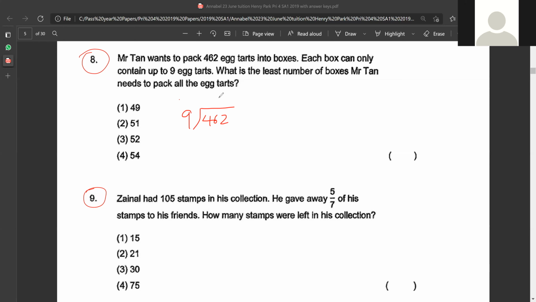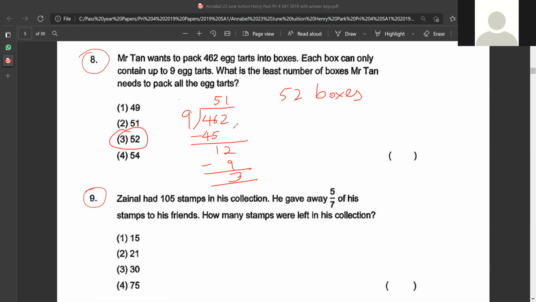Then how many boxes do you have? You know how to divide by 9, right? Yes. Okay, you need 52 boxes. You know why the answer is 52 and not 51?